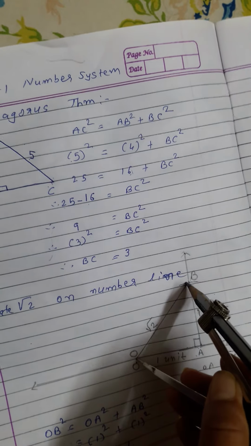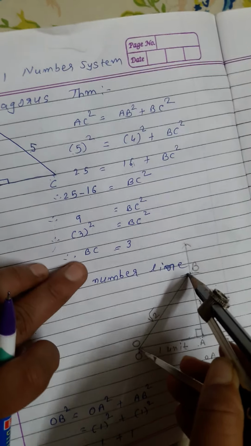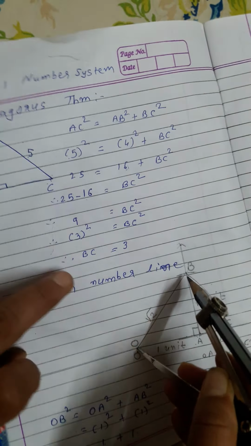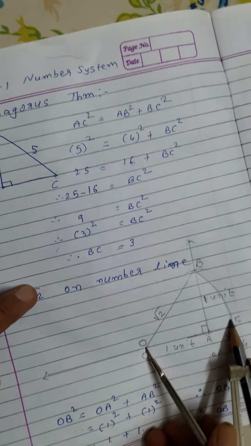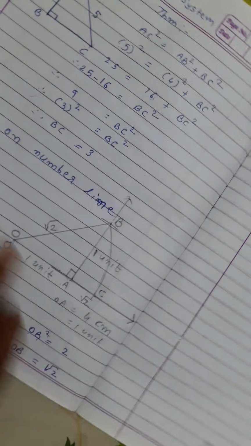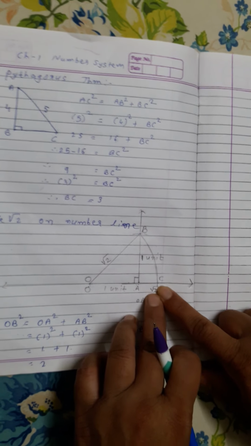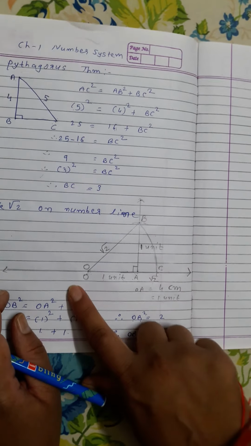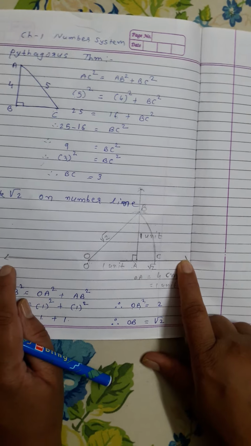Taking O as center, draw the arc on the number line. So this point is the root 2 we have represented on the number line.